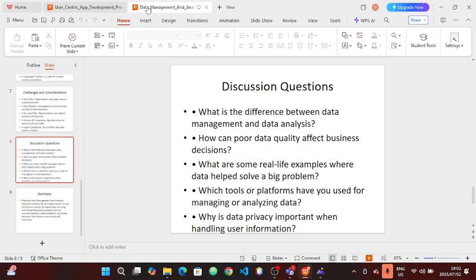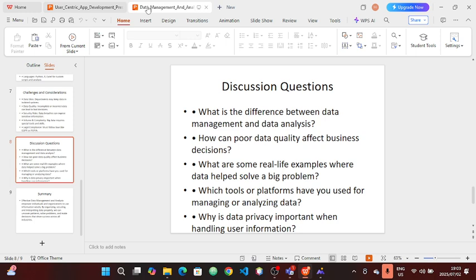And then the examples. For data management, a hospital storing patient records in a secure digital system. And an example of data analysis is analyzing those records to predict future patient visits.